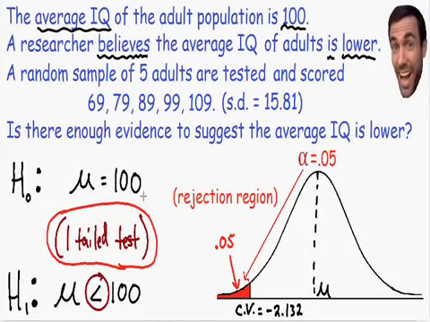And if in our test, our t-value lies in the rejection region, we can reject that the average is equal to 100, and we can accept the alternative hypothesis. So this is why this rejection region is so important. And this brings us to our next step, which is we need to perform a test.